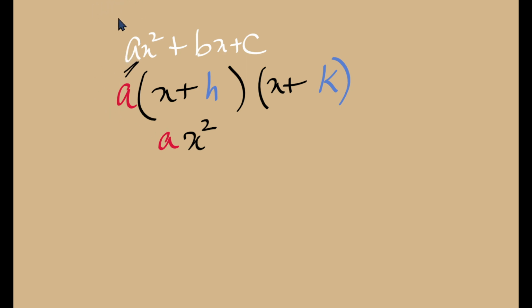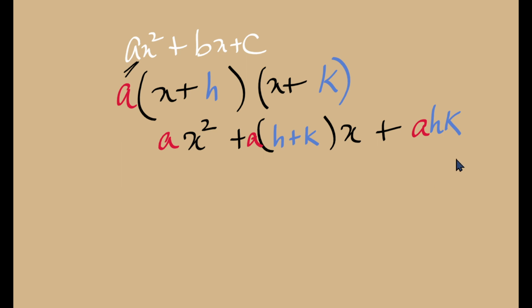Well, now we have a new factored form. So like in the previous version of the problem, let us multiply these factors, x plus h times x plus k, now we have an a out here. All of this calculation will pay off really soon. So this is ahk.